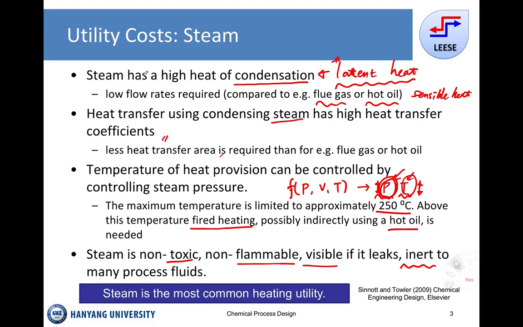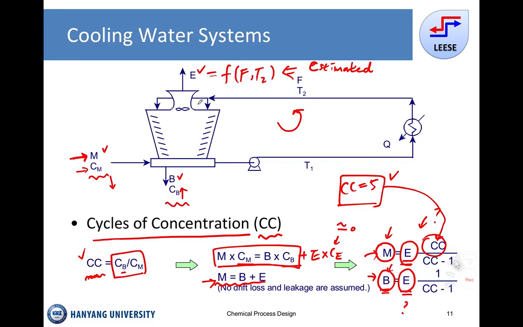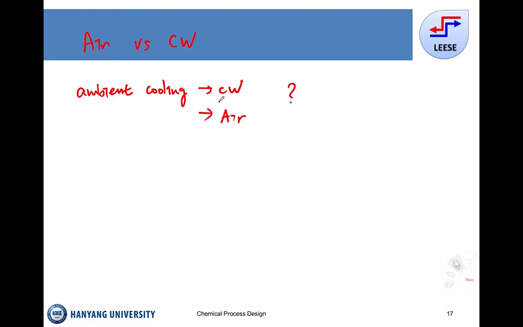Going back to steam, the first major advantage of steam used in the process industry is that steam has a high heat of condensation, so a low flow rate is required. That was the advantage of using steam. The same principle can be applied to cooling water compared to air. The heat capacity of cooling water is better than that of air.